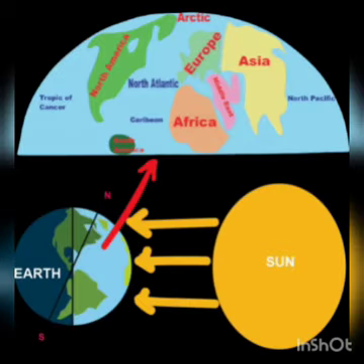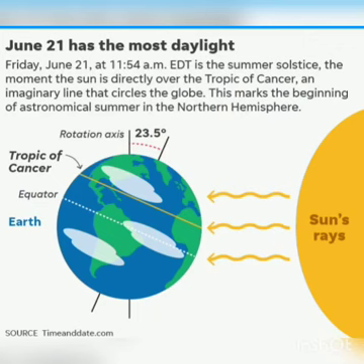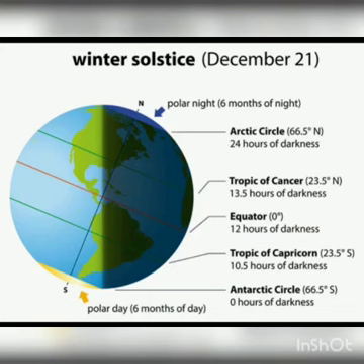At the exact moment that the northern hemisphere is most tilted toward the sun, the northern hemisphere experiences its summer solstice around 21st June, while the southern hemisphere has its winter solstice around 22nd December. About 6 months later, the northern hemisphere has its winter solstice, while the southern hemisphere has its summer solstice.